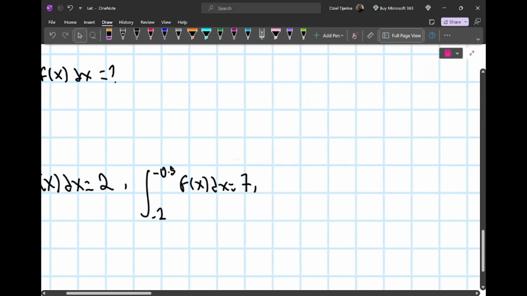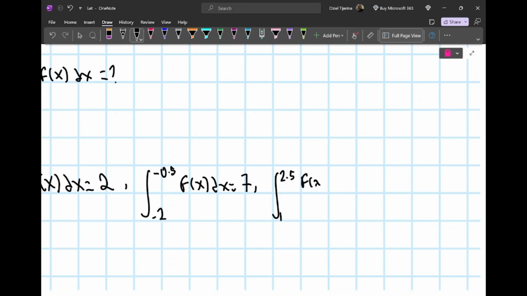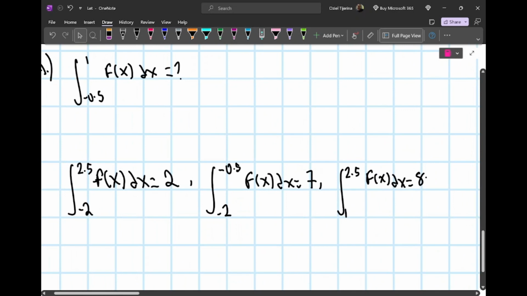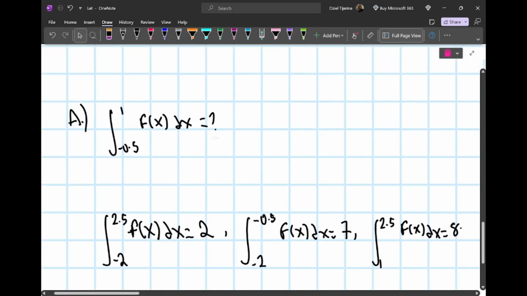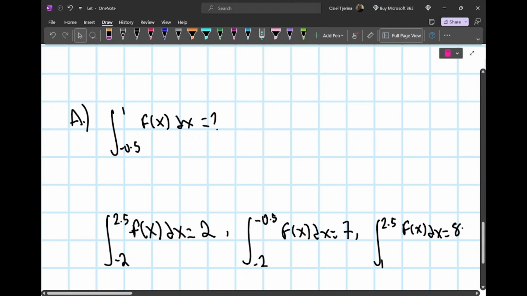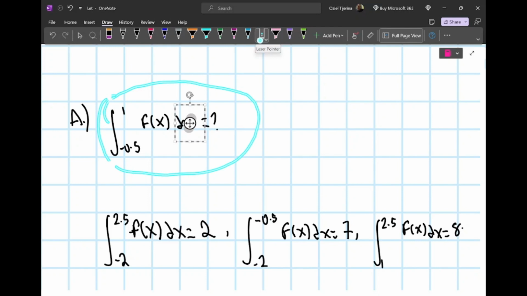And then we also know that the integral from 1 to 2.5 of f of x dx is equal to 8. Now, obviously, we want to look at this first part, which is the integral from -0.5 to 1 of f of x dx.